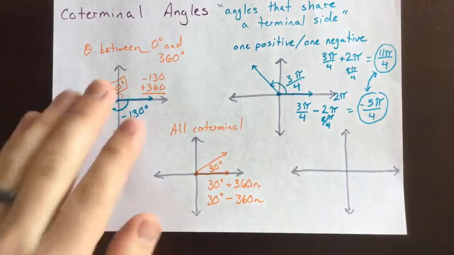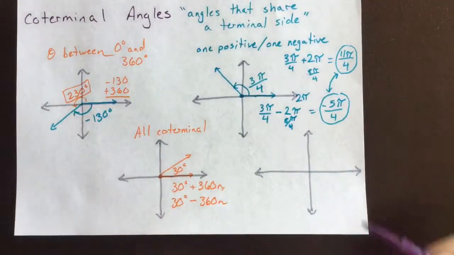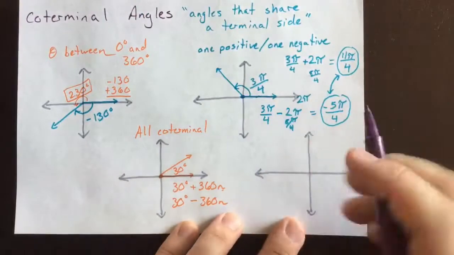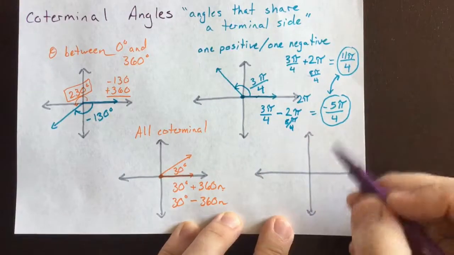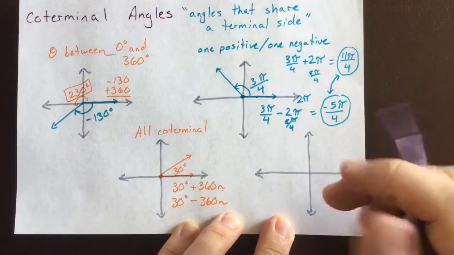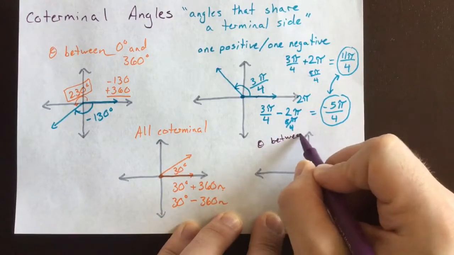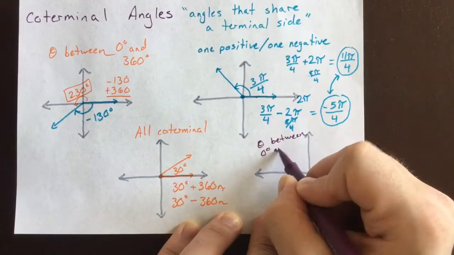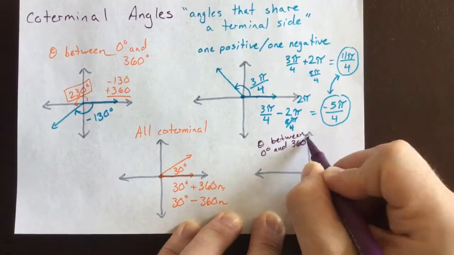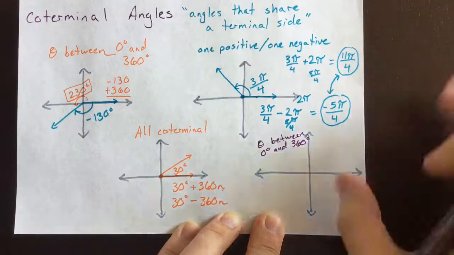So we're going to end this lesson and this video by doing, really, the whole purpose of this lesson, taking an angle measure and reducing it back down to between 0 degrees and 360 degrees. So we're taking one angle measure and reducing it back down.